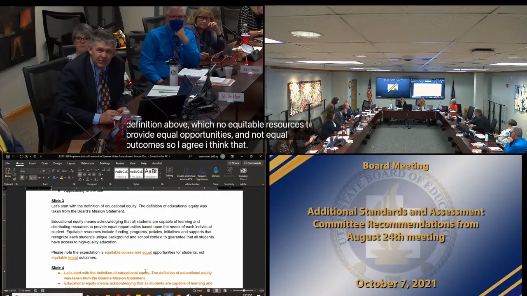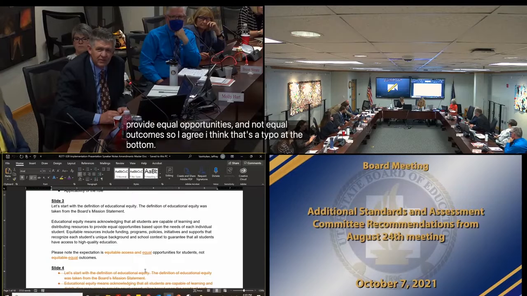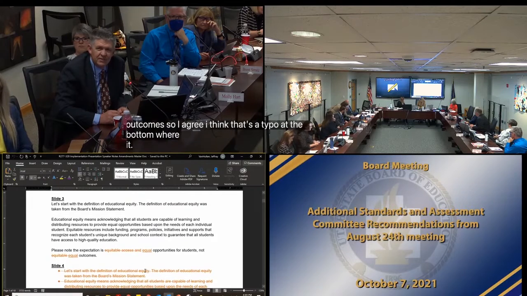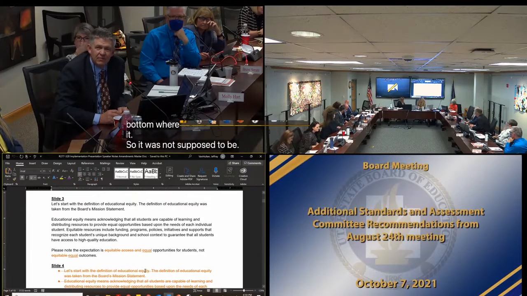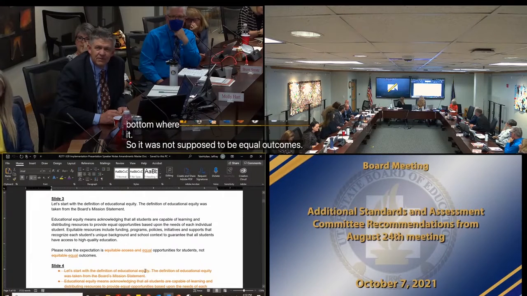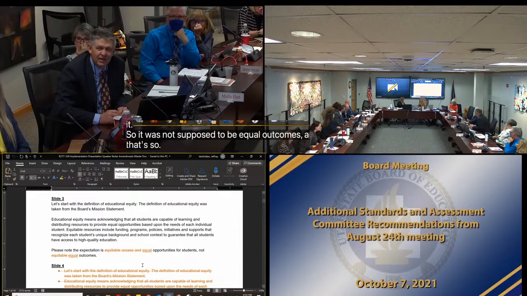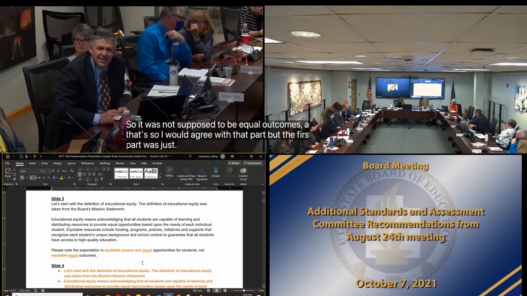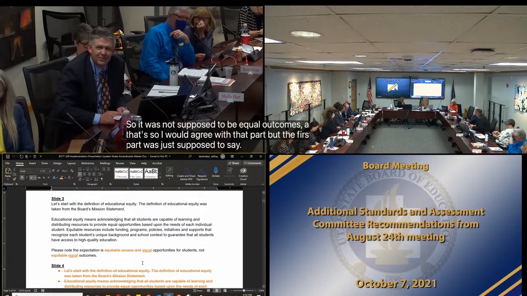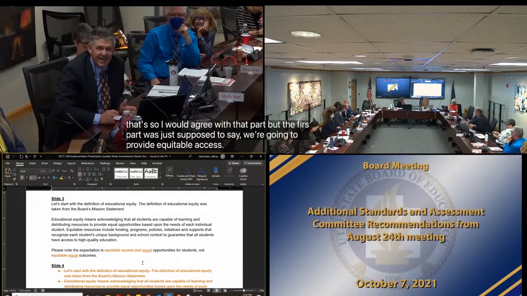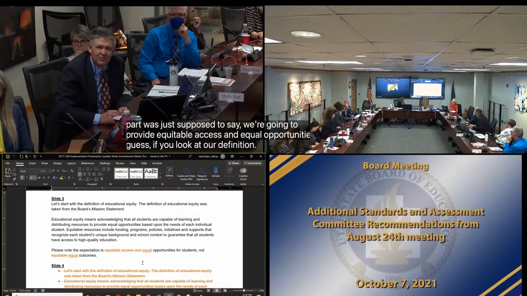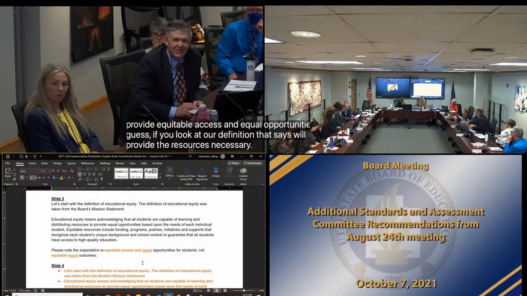I think that's a typo at the bottom; it was not supposed to be equal outcomes. But the first part was just supposed to say we're going to provide equitable access and equal opportunities. If you look at our definition, it says we'll provide the resources necessary to get equal opportunity.